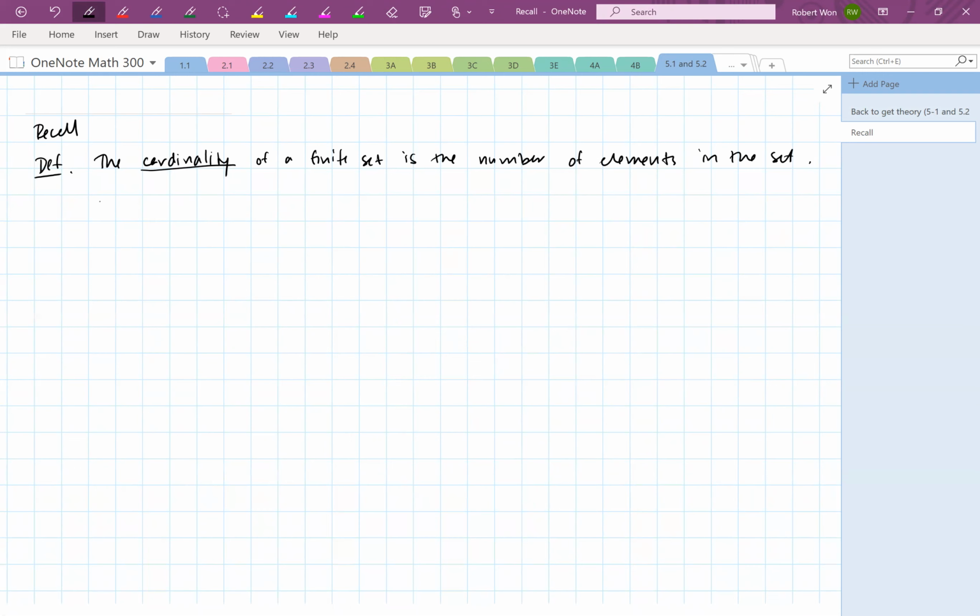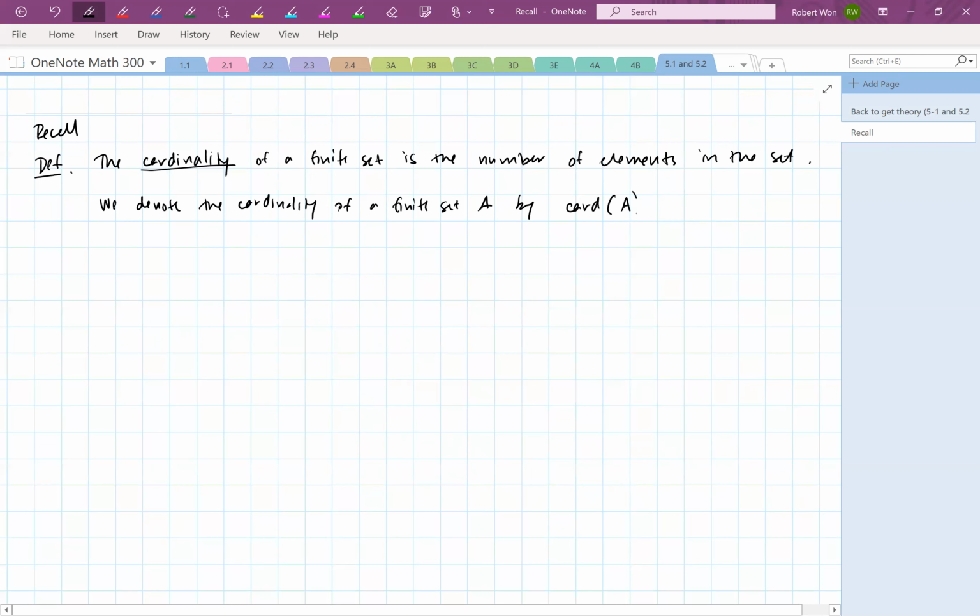But if you have a finite set, the cardinality is just the number of elements. Okay, so we denote the cardinality of a finite set A by either card of A for cardinality, or we can use the absolute value bars, but you would still pronounce that the cardinality of A.